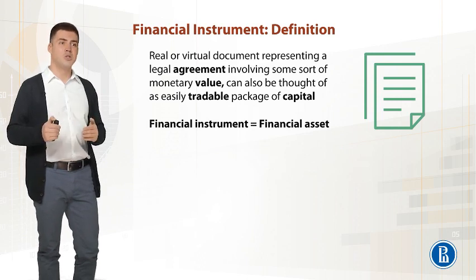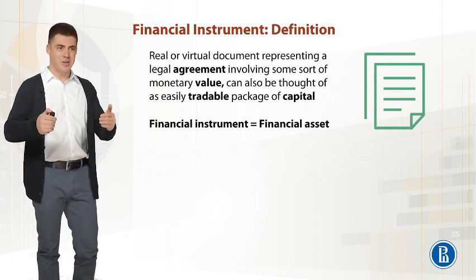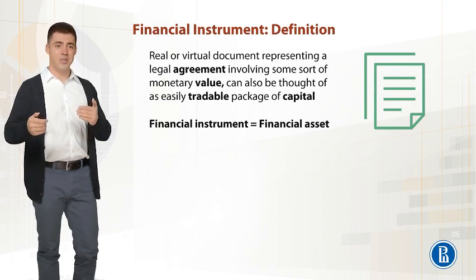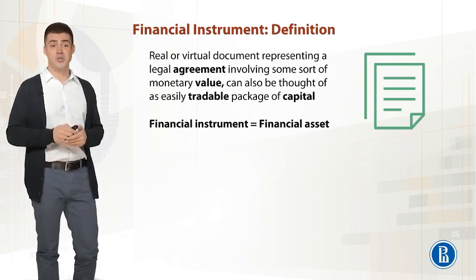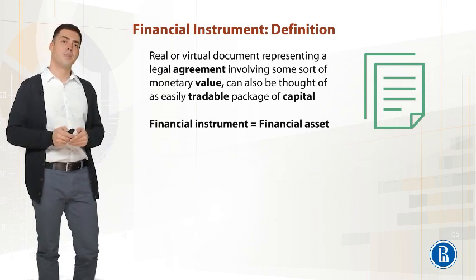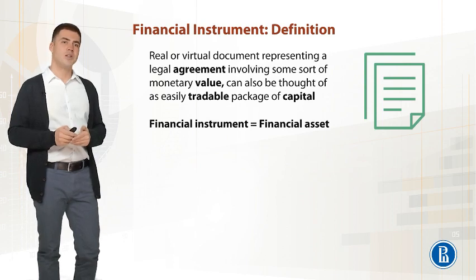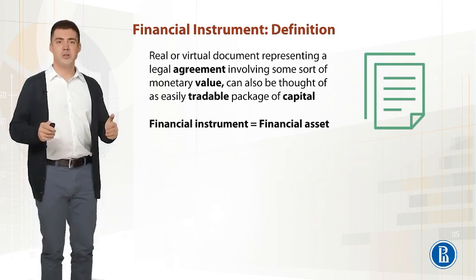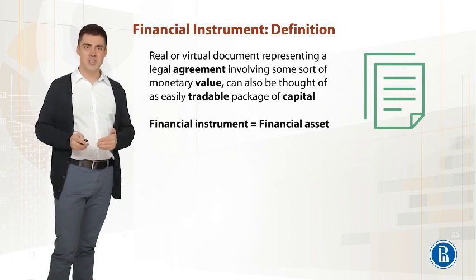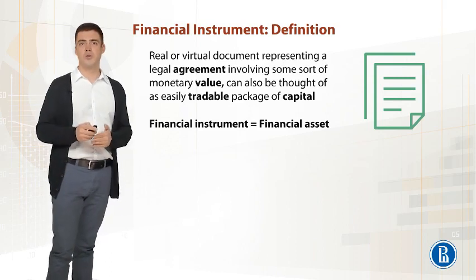And of course, we should keep in mind that this is the capital which is bought and sold at this market, not the financial instrument itself. In our course, we will consider financial instruments and financial assets as synonyms in order to avoid confusion.